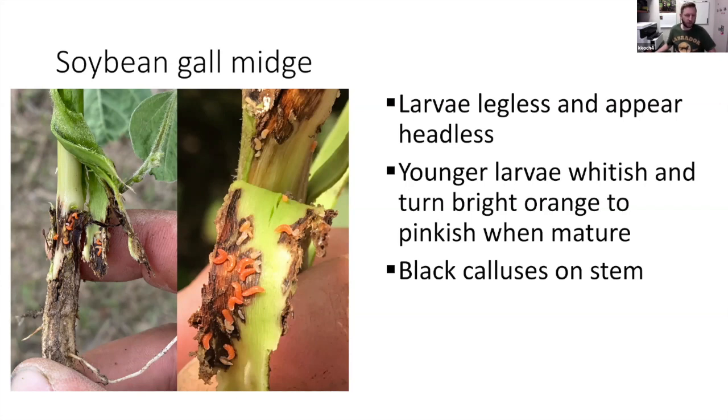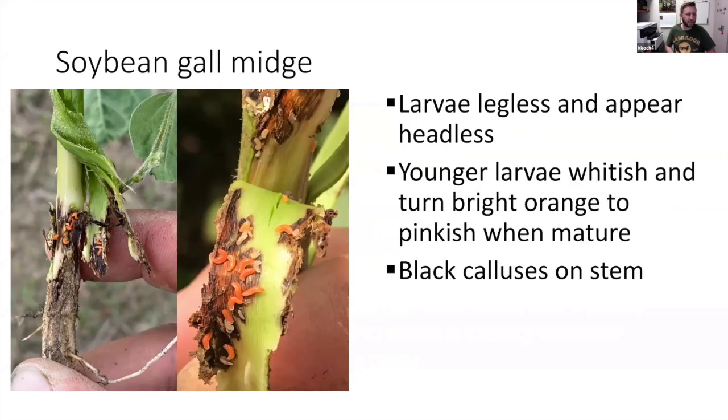and they cause the black calluses. Those are the galls, and they're really evident down around the base of the stem. You can see all this blackening around the stem, and those calluses will be evident on the outside of the stem. Then you have to peel back the epidermis, or some of those layers, and that's where you would find the larvae underneath.